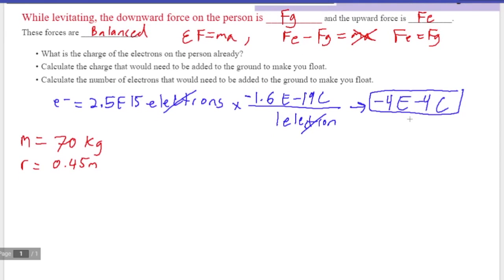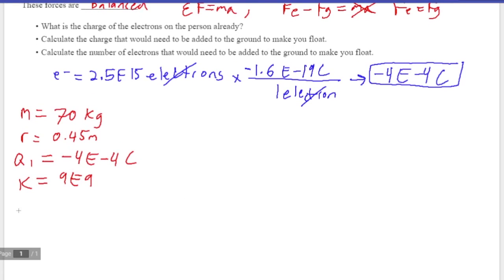Another thing that we know, which we just figured out, is the charge on that person's shoes. So Q1, and that is negative 4 e to the negative 4th coulombs. Lastly, we know what K is, because K is a constant, that's 9E9. And then we also know, and we'll explain it in a sec, what the force is here.